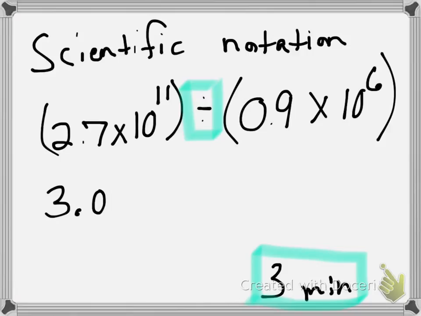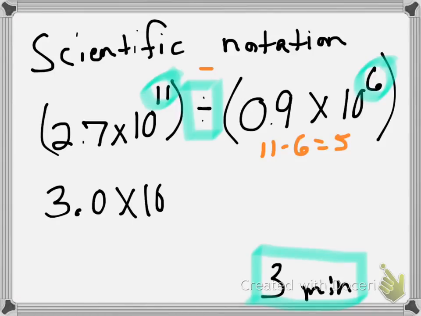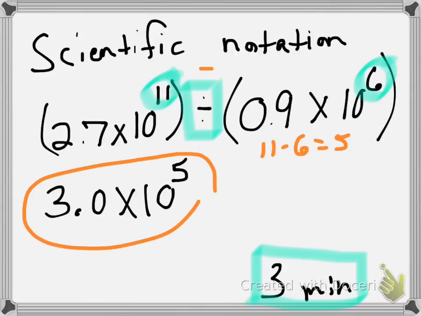Okay, and then I just look at my exponents. I have 11 here and 6 here. And when we're dividing, we end up subtracting them. So that means 11 minus 6 equals 5. So times 10 to the 5th. And that is your final answer on that one.